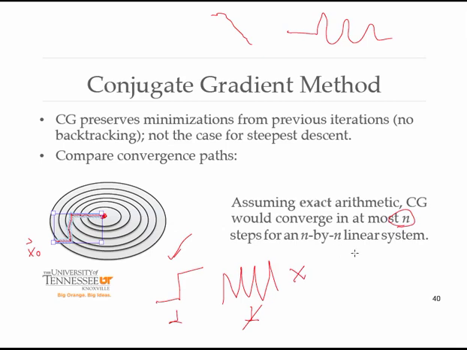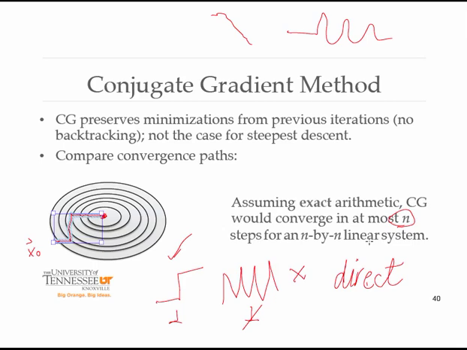So if it's a 50 by 50 linear system, you're guaranteed in exact arithmetic that conjugate gradient would converge in 50 iterations. So the early designers of the method actually thought of this as a direct method, not as an iterative method, because it would guarantee your solution in n steps.